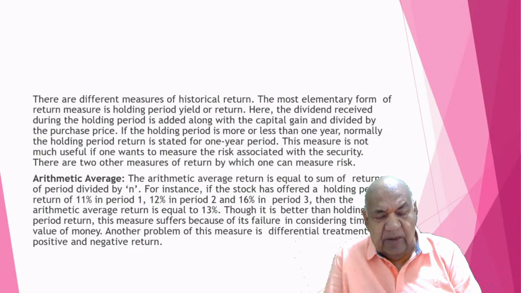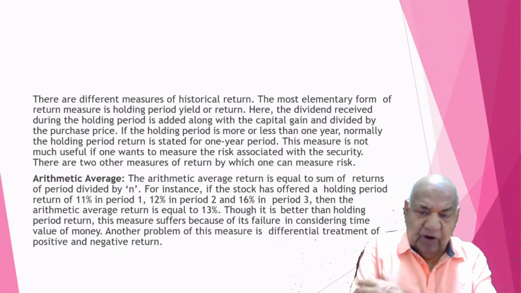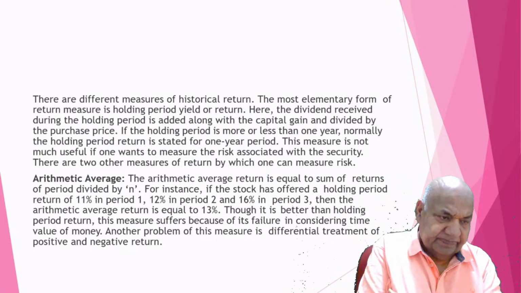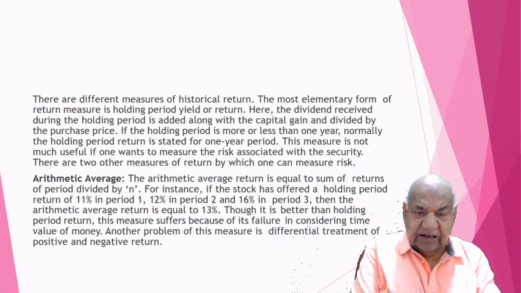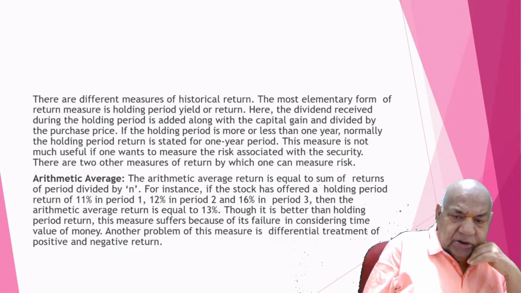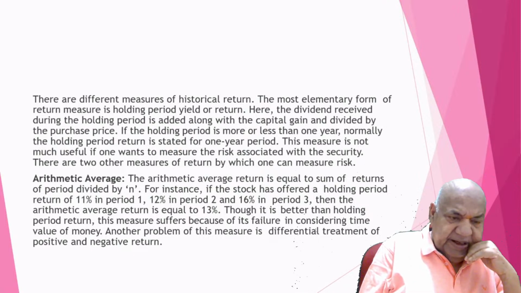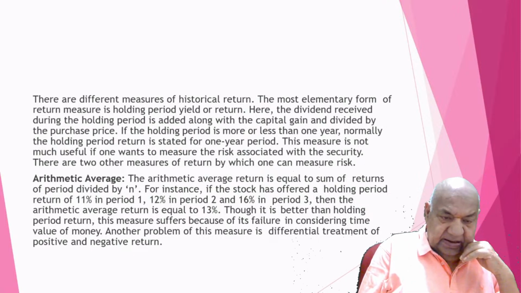There are two other measures of return by which one can measure risk. Arithmetic average. The arithmetic average return is equal to sum of returns of period divided by n.